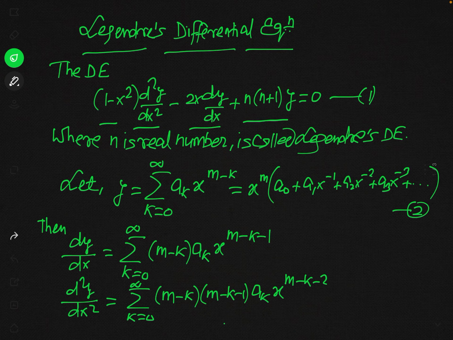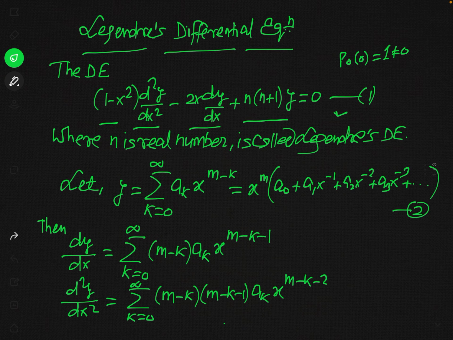As you can see, this is a second order differential equation with variable coefficient, and here p naught of x is 1 minus x square. So when you write p naught of 0, the result will be 1, and this is not 0. So you can see that x equal to 0 is a regular singularity of this equation 1.